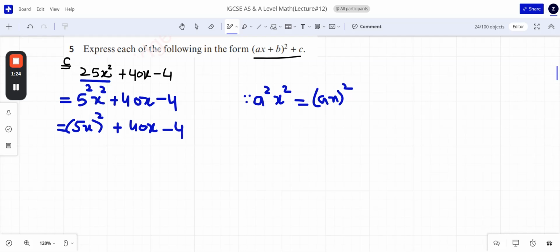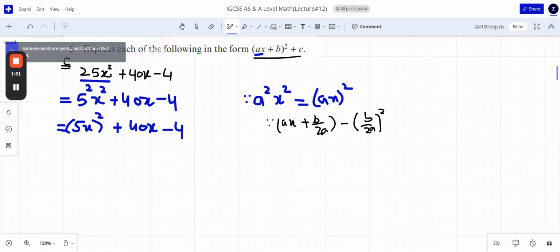Now here you can see the required form is ax. We will not factor out the a, so we will keep it the same. But for this, the formula we will use for the completing square method is (ax + b over 2a) whole square minus (b over 2a) whole square.